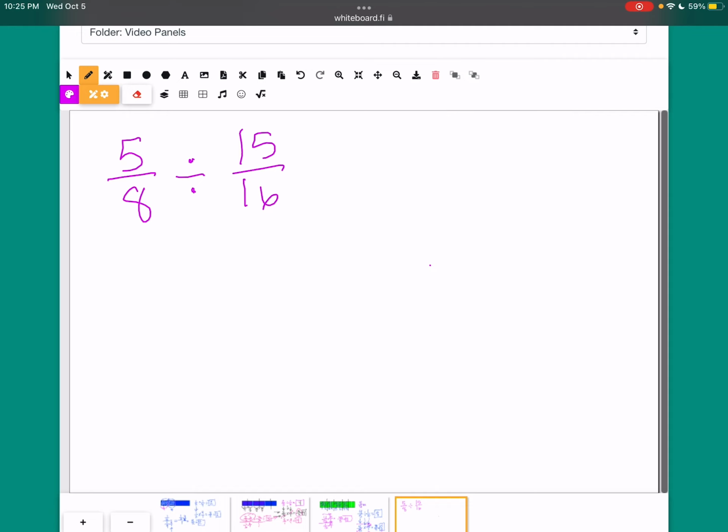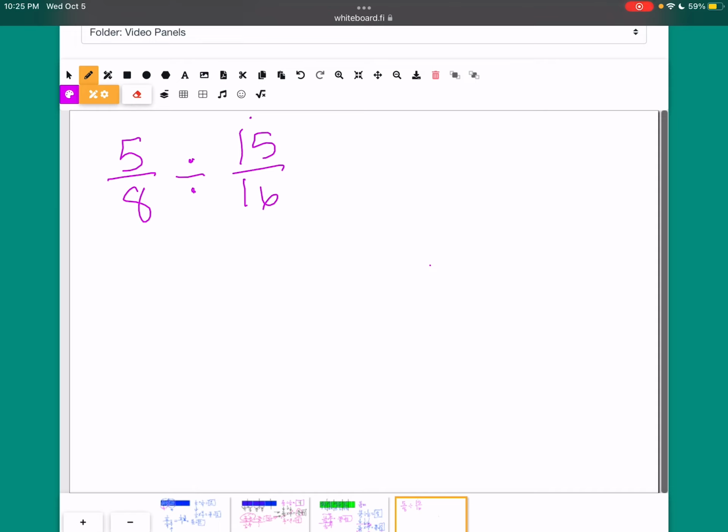So what's the first thing I do? This is a really hairy problem, because 15/16 is almost 1. It's very close to 16/16, which is 1. So it's essentially asking you how many 15/16 are in 5/8.